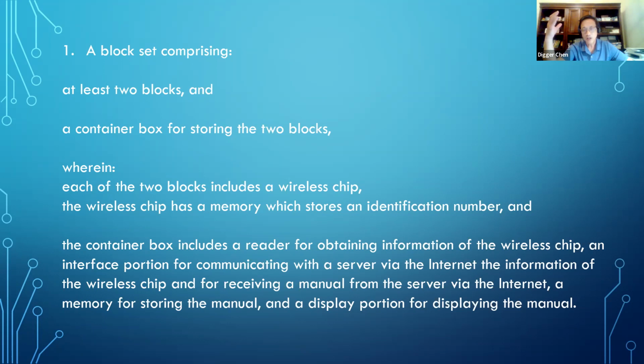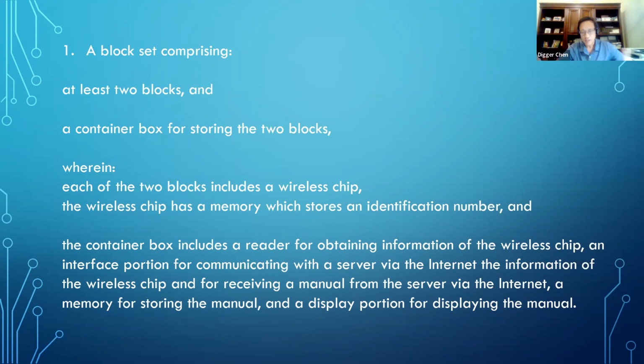So with independence, when you have a product, how do we determine if a product infringes this claim, for example? You will read this: does this product have two blocks, or three, or four, or ten blocks, at least two blocks? Oh, okay, we meet the first element. Second, does it have a container box? Yes, we meet the second element.